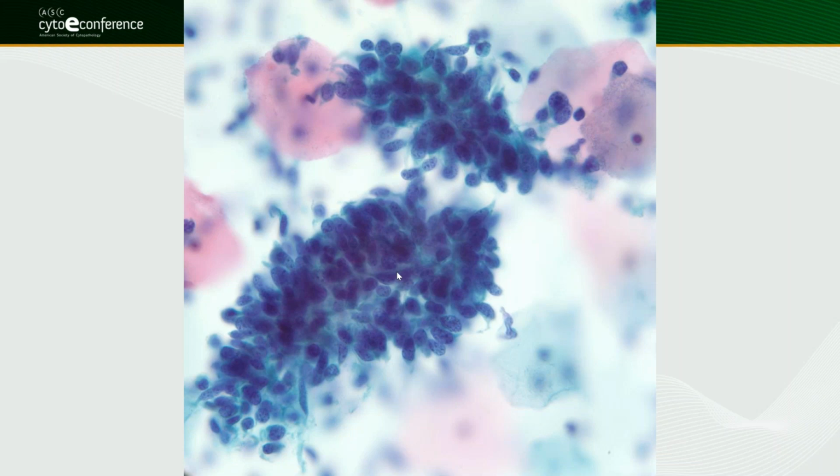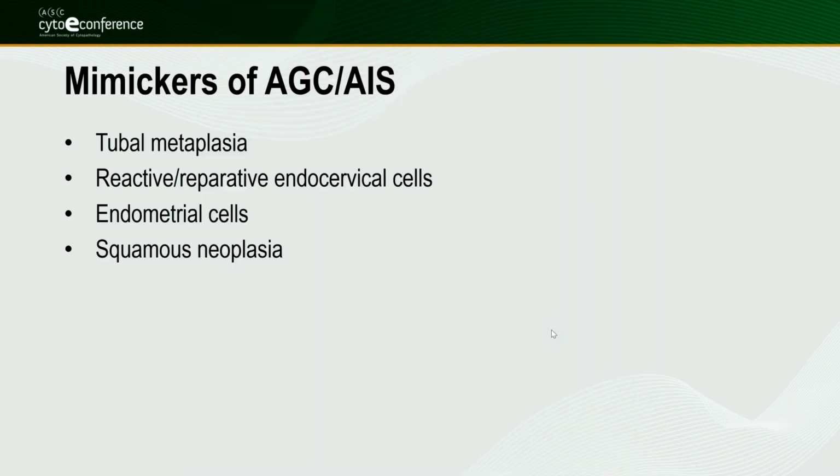But again, we know that when we call atypical, eventually the criteria is full blown criteria with hyperchromasia, elongation, cells falling off at the edge, very crowded groups. So that's AIS.